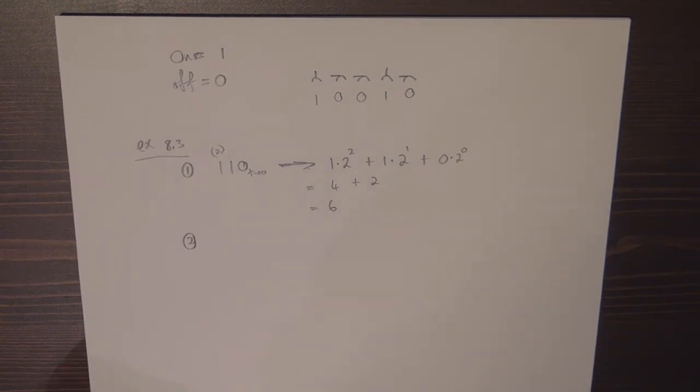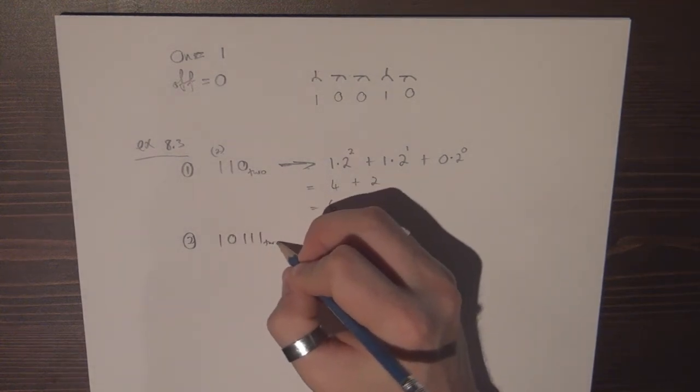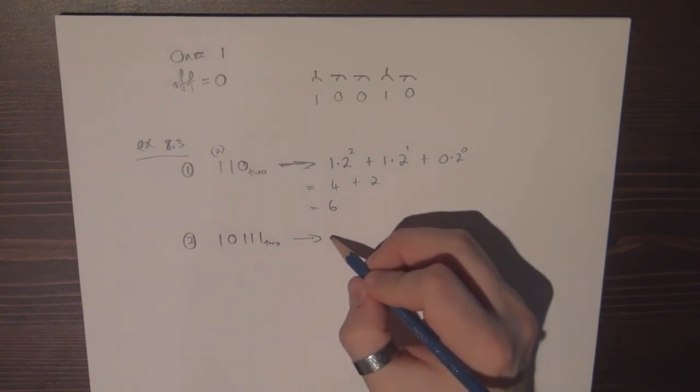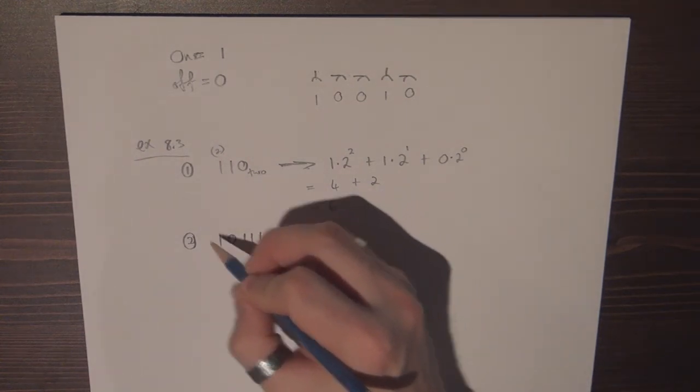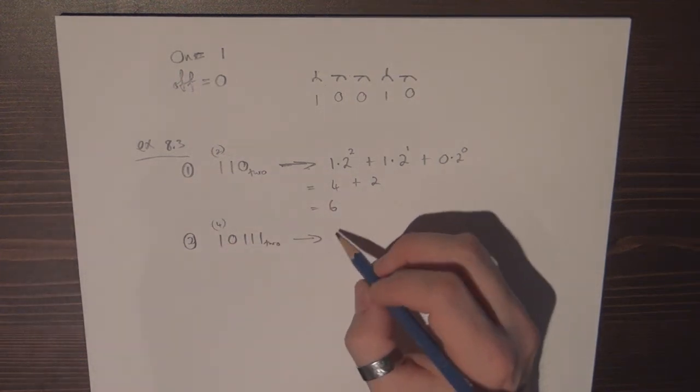Let's do number 2. I have on, off, on, on. What is the number represented by those light bulbs? Well, 0, 1, 2, 3, 4. So 2 to the 4 is the biggest.